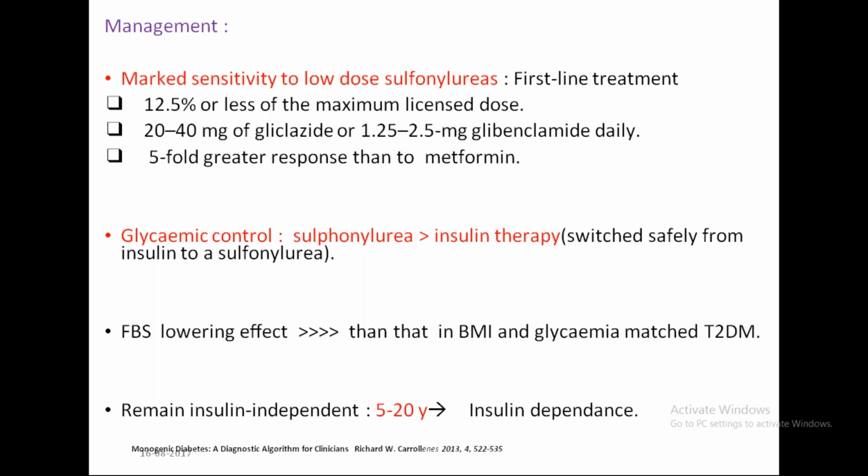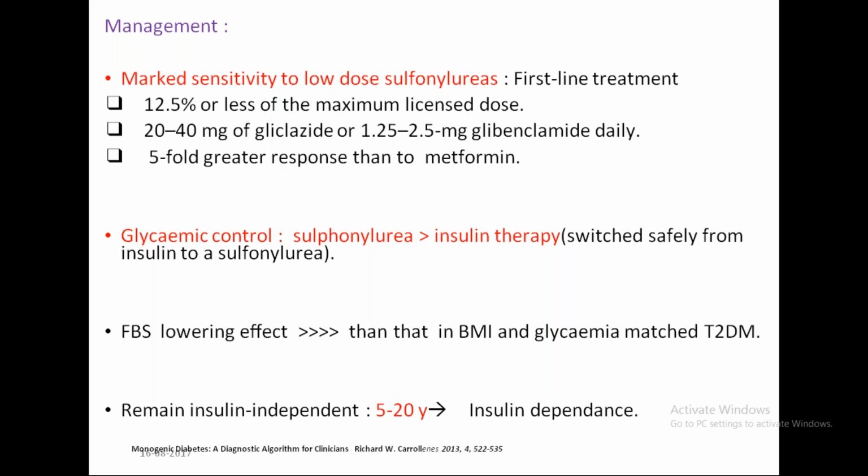And for glycemic control, sulfonylurea is initiated initially, and then as per requirement insulin is added. And if at all you start them on insulin initially, gradually try to shift them to sulfonylurea.